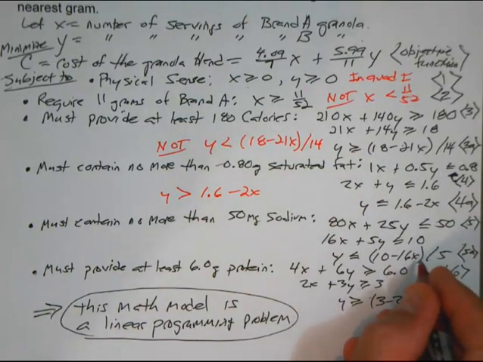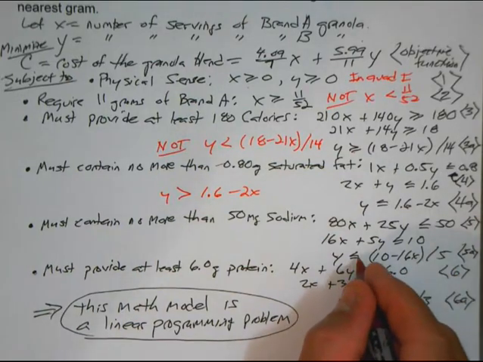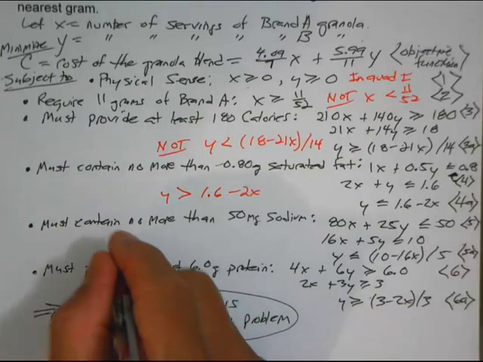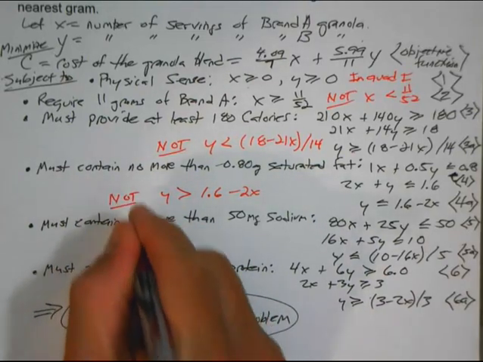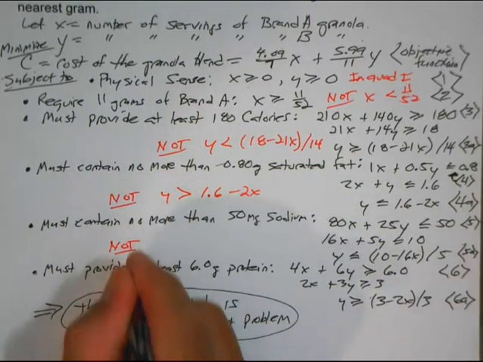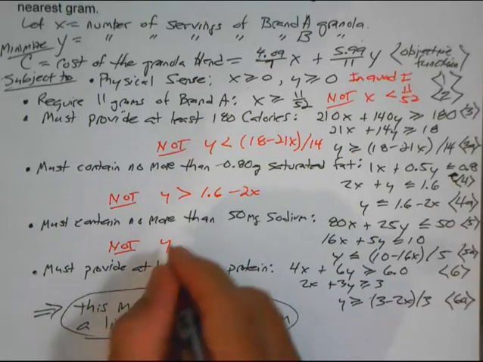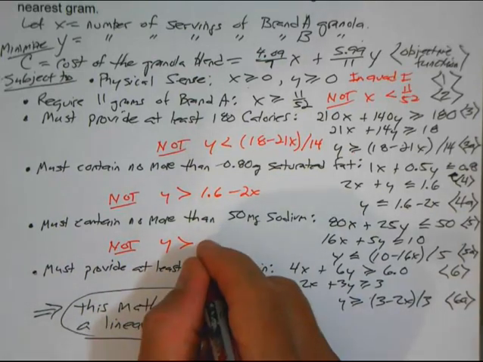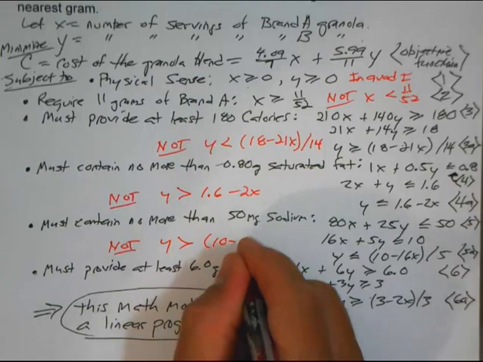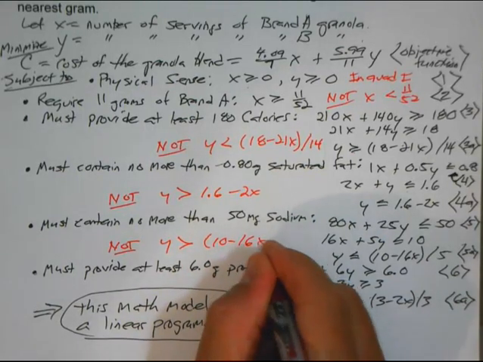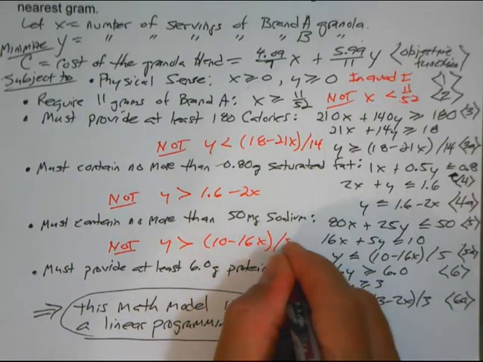This one here, y less than or equal to, so not y greater than 10 minus 16x divided by 5.